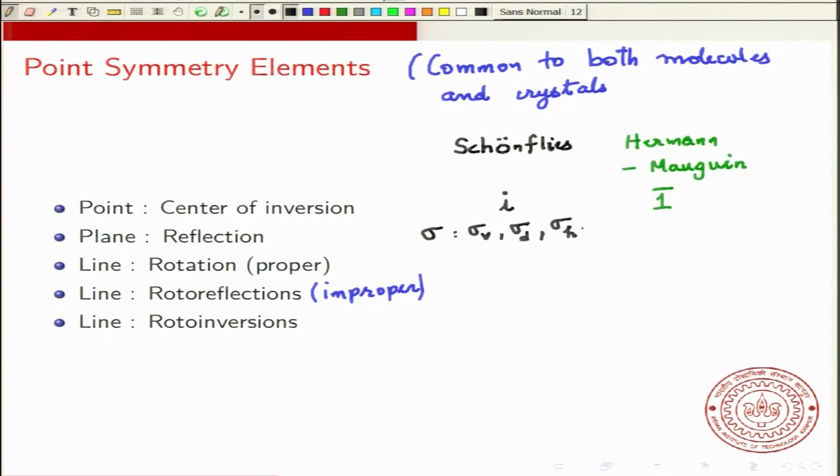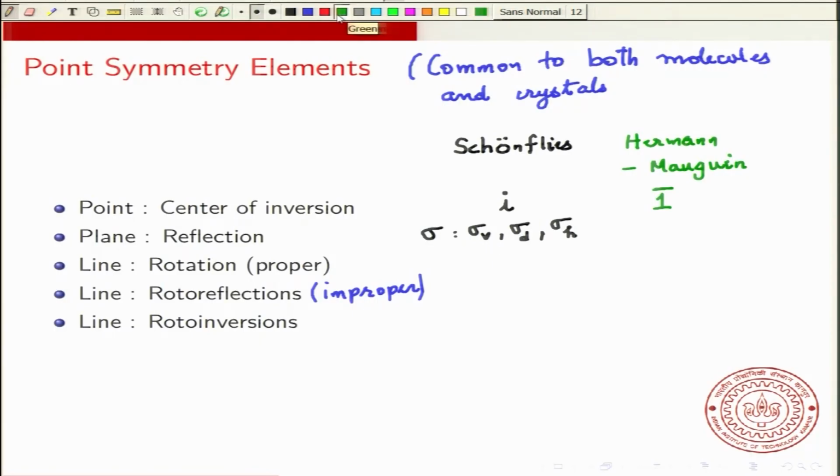They are defined with respect to the molecule, where v, d, h stand for vertical, diagonal and horizontal. I won't discuss that in detail, but you might have already seen these symbols in other courses on molecular symmetry. So this is the notation for the reflection symmetry operation.